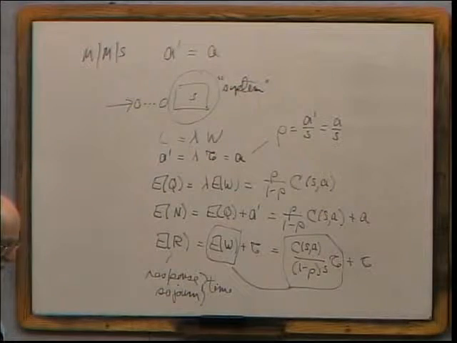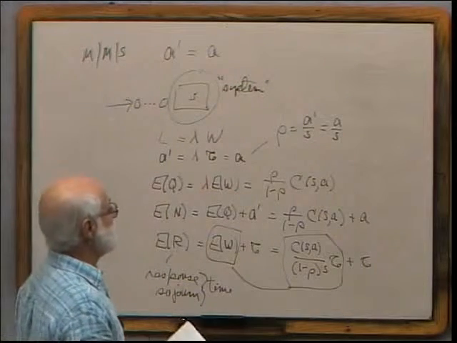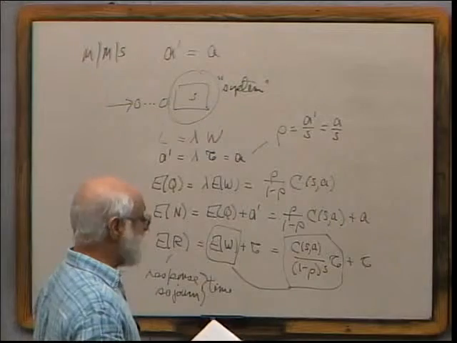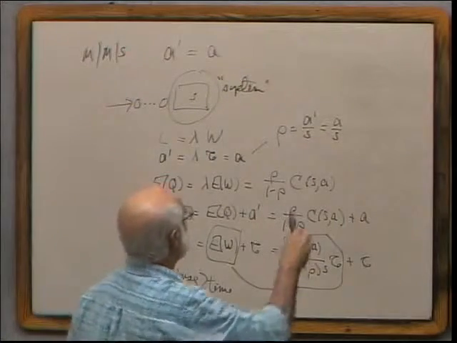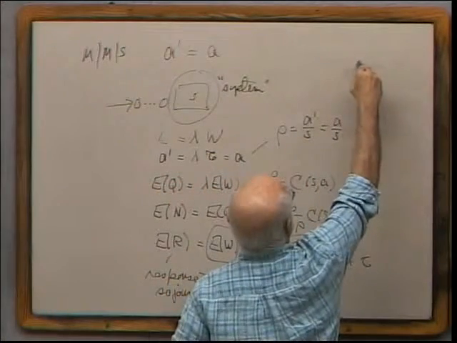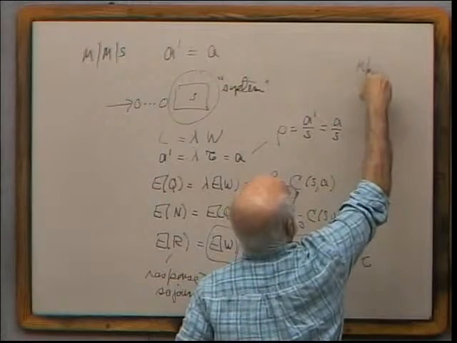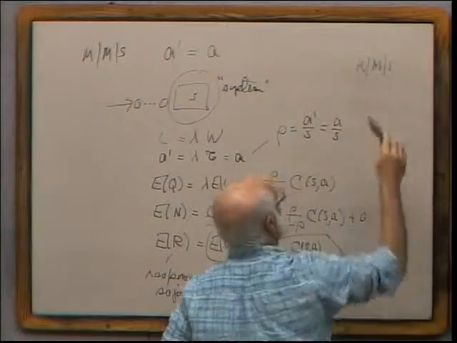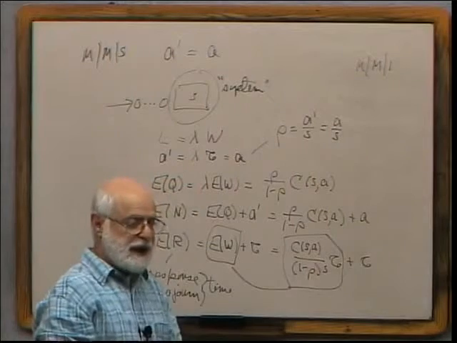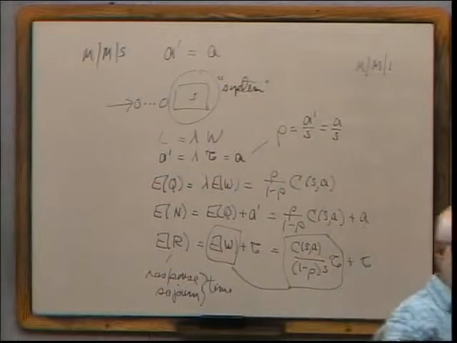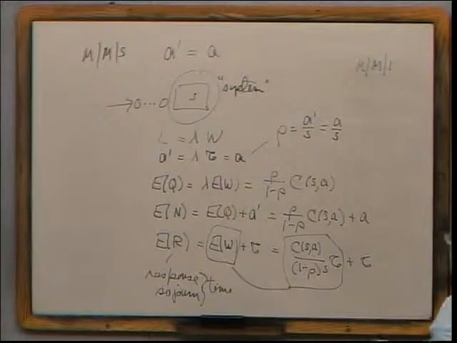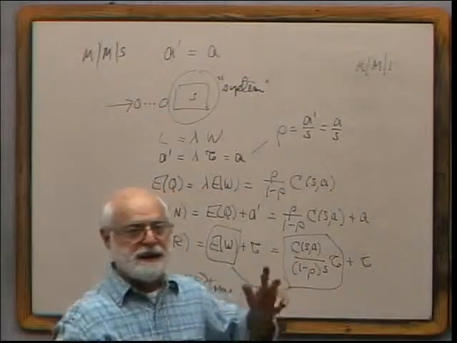Now, it's interesting to look at these formulas for MM1. So I'll write here MM1. The reason is that MM1 is sort of like the standard thing that's given in the textbooks. In fact, in many textbooks, the authors treat MM1 first, separately, and then they treat the multi-server case.